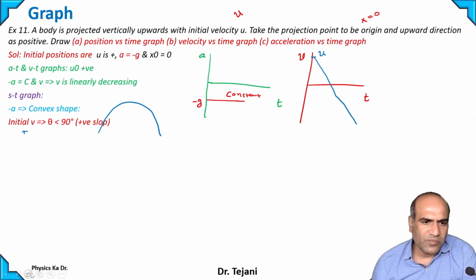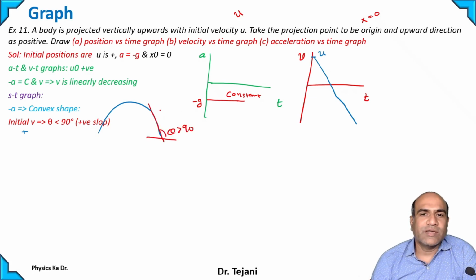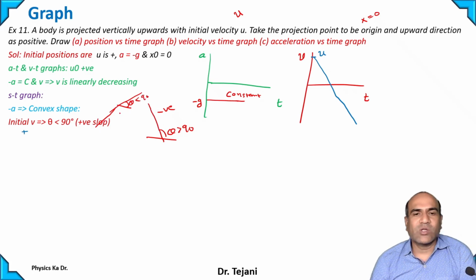Let's check which one is positive. If we take this theta, it is greater than 90, no, it is negative. If we take the opposite side and this theta, yes, it is less than 90. So this slope is positive.